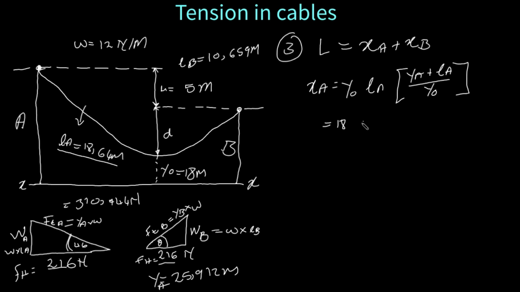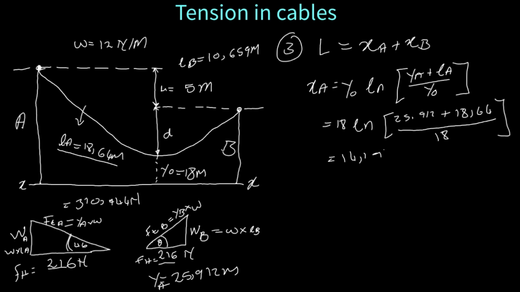This is 18, then it's ln. YA is this 25.912 plus LA, we have it here, it's 18.64, and then this one is also 18. Then the answer here, I got that it is 14.174 meters. Then now we calculate for XB.